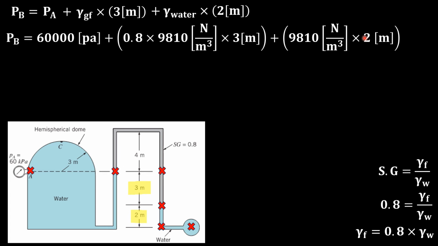So it will give us 103,164, and we want to find it in kilopascal, so divide this by 1,000. It will give us 103.164. And here is the pressure at point B. We found it.